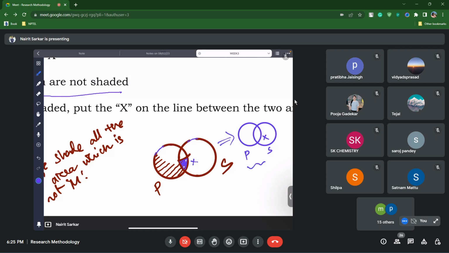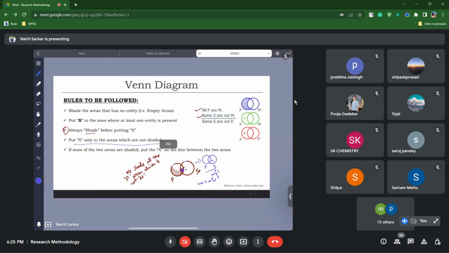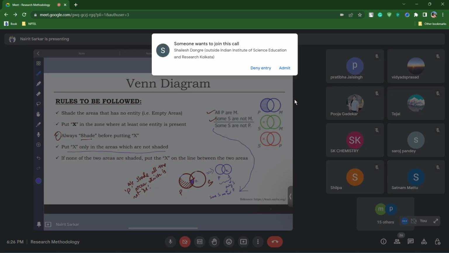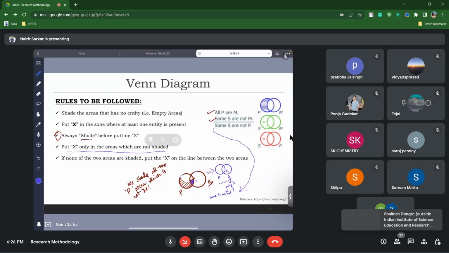That means only S, right? Only S means some S are not P. As you can see, that is the conclusion. Same thing. So likewise, you can determine whether a conclusion is valid or not using the Venn diagram.